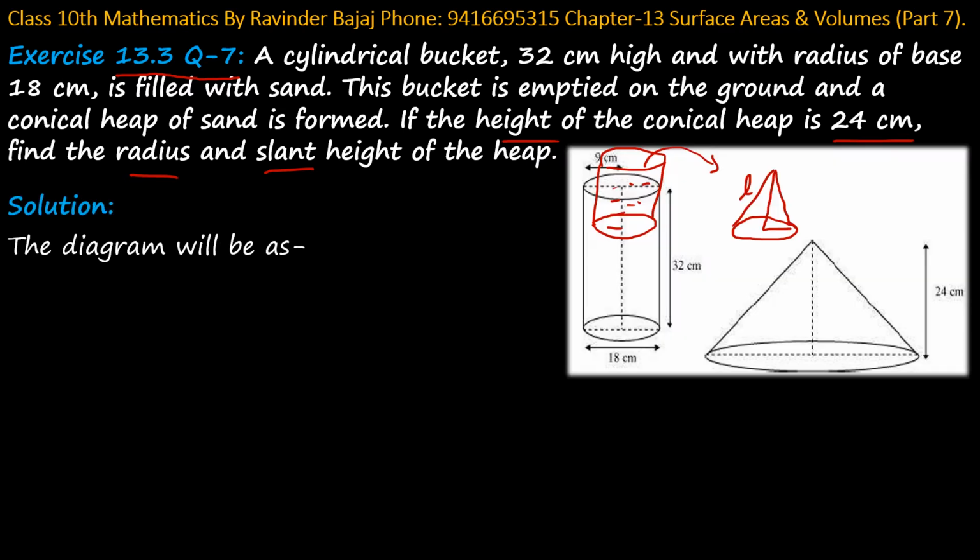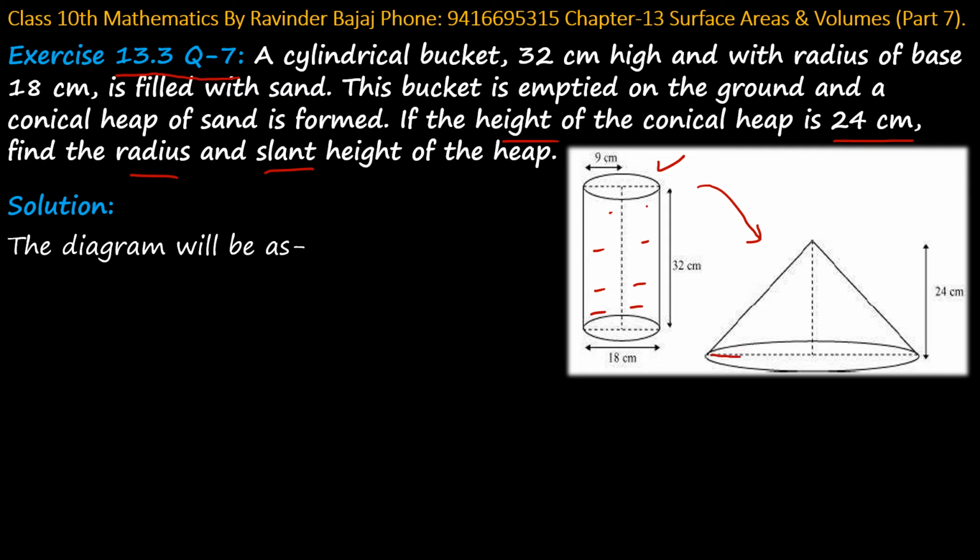The diagram is something like this. Let me erase this, which is coming on the top. So this is the figure. In this figure, this is the cylinder which is completely filled with sand, and this is emptied on the floor, and we will get a heap.